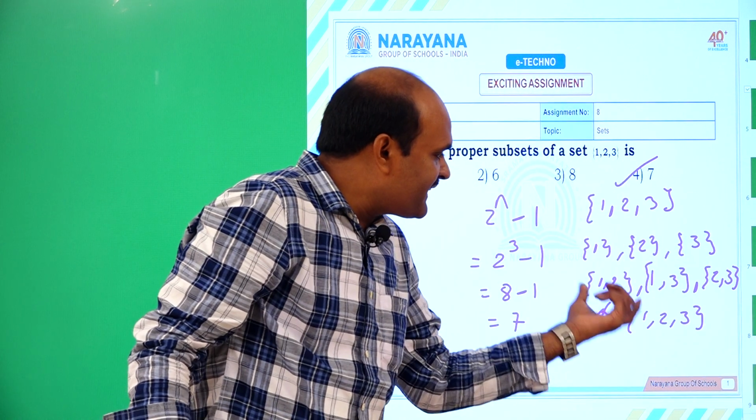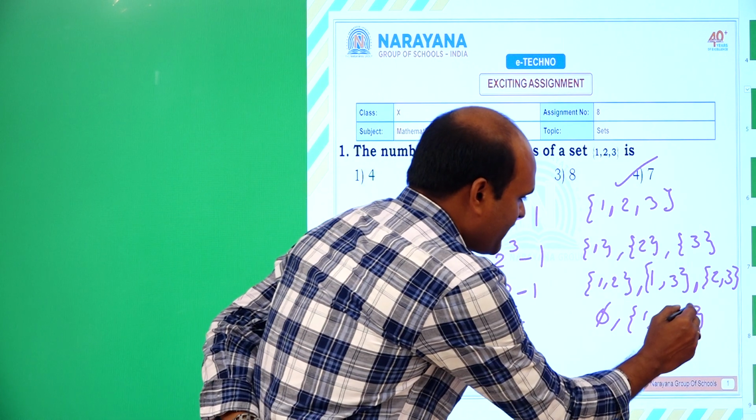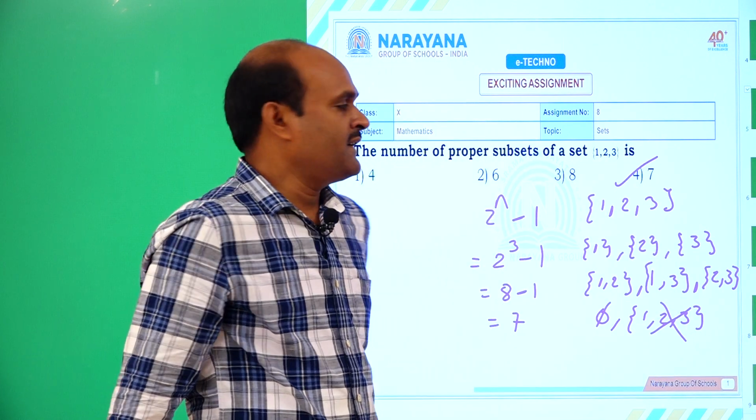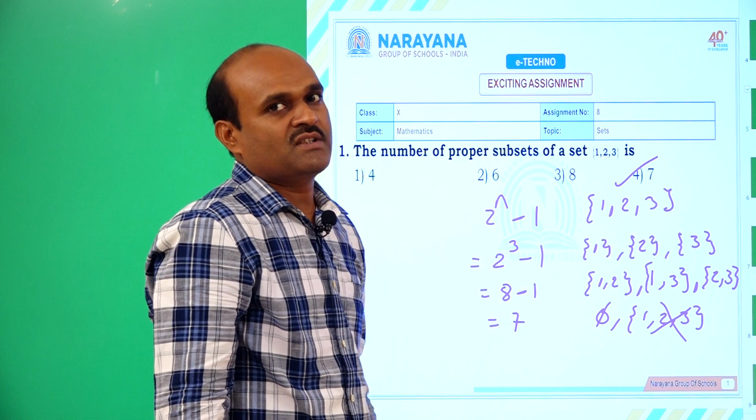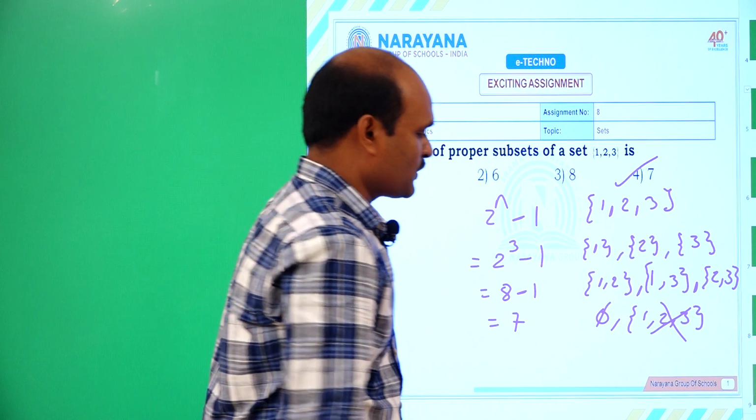These 8 are the subsets of the given set. Proper subsets means excluding the set itself. The remaining 7 are the proper subsets of the given set. So the answer is the fourth option.